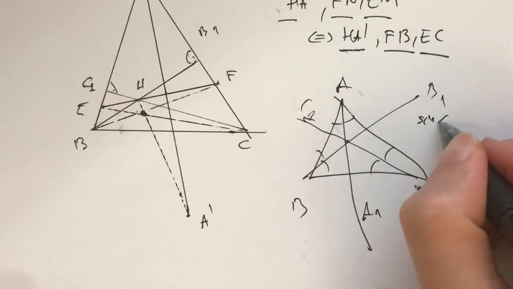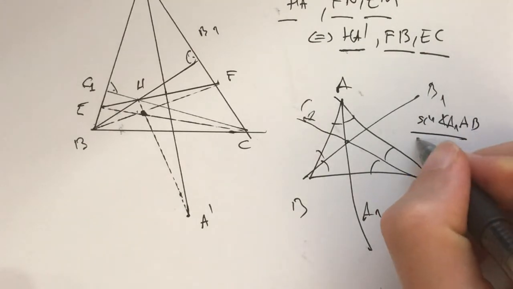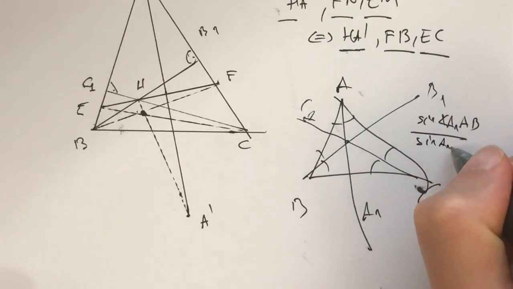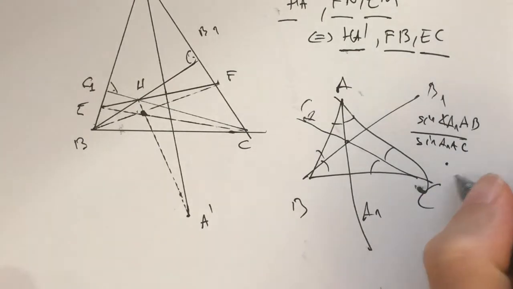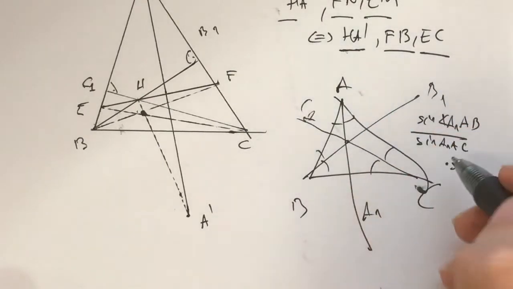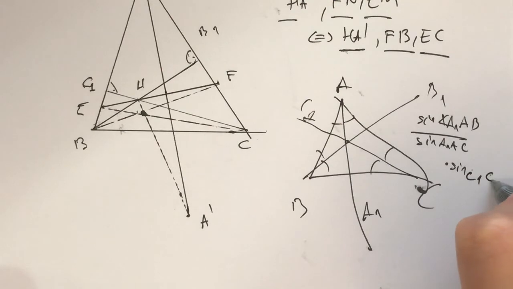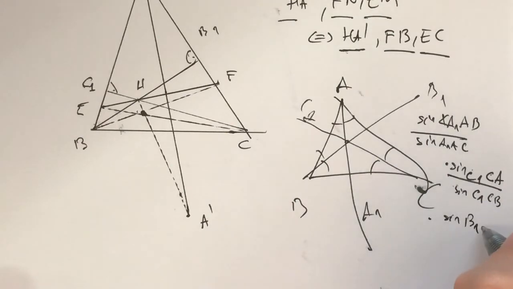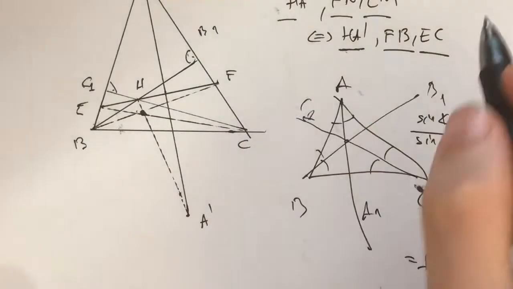So sine of A1AB over sine of A1AC times sine of C1CA over sine of C1CB times sine of B1BC over sine of B1BA. If this is equal to 1, then these concur.